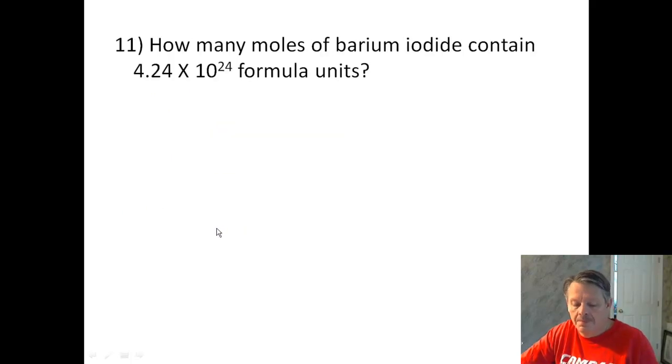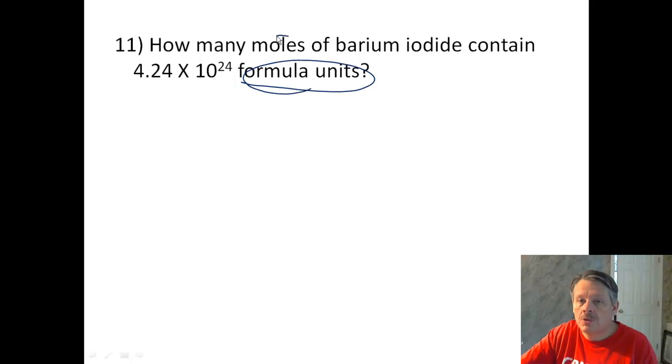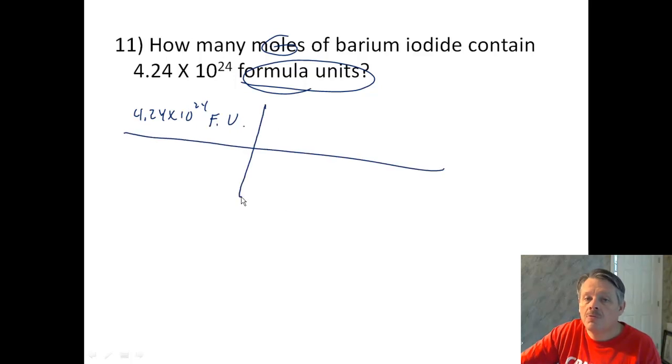All right. How many moles of barium iodide contain 4.24 times 10 to the 24th formula units? Right? Well, clearly we're starting with things, and we're trying to get to moles. So we have 4.24 times 10 to the 24th, and those are formula units. And I want to go from formula units to moles.